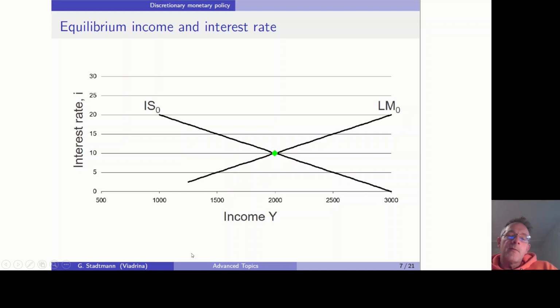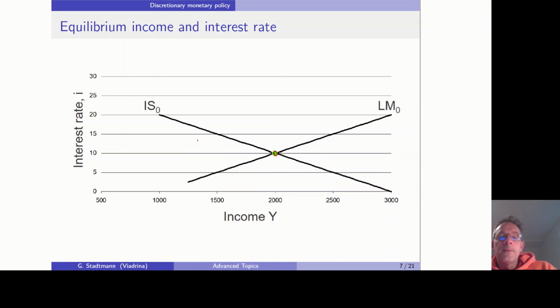And since we have two equations, we can solve for two unknown variables. We can determine two endogenous variables simultaneously, which are the interest rate level and the income level. So right now, the equilibrium is at this point here. The equilibrium interest rate is at 10, and the equilibrium income level is at 2000.